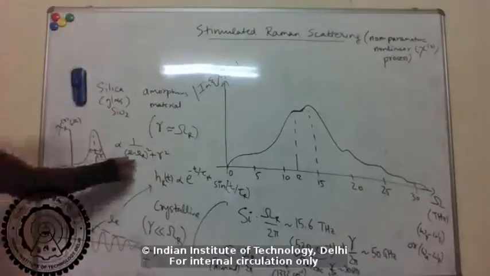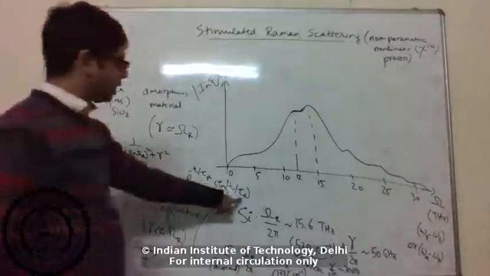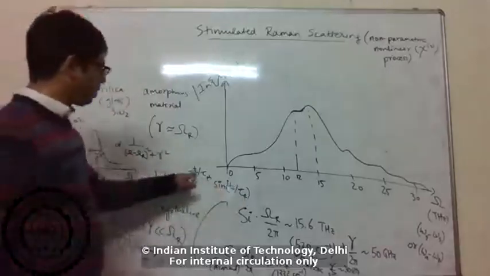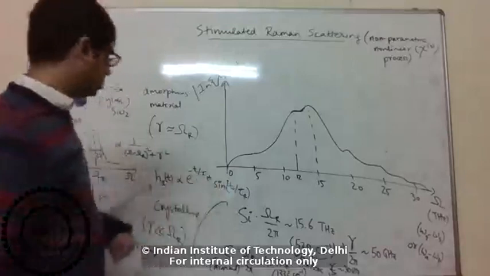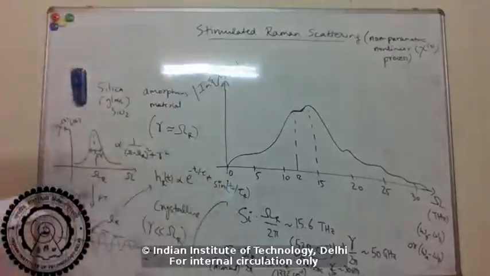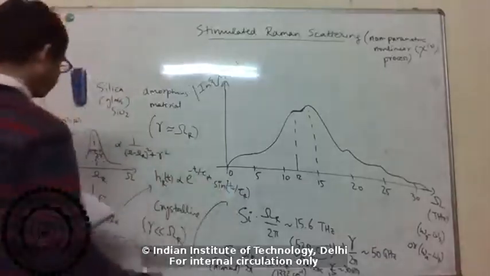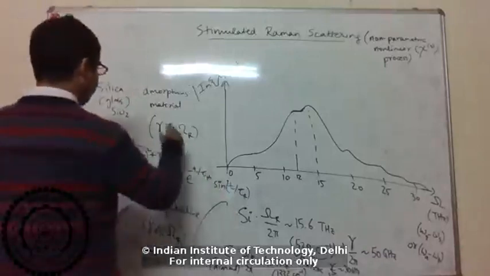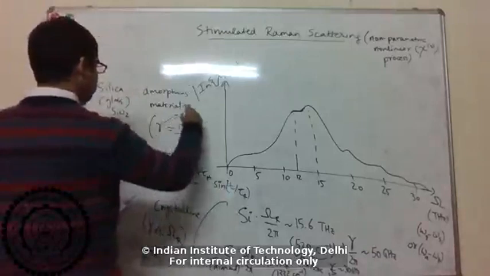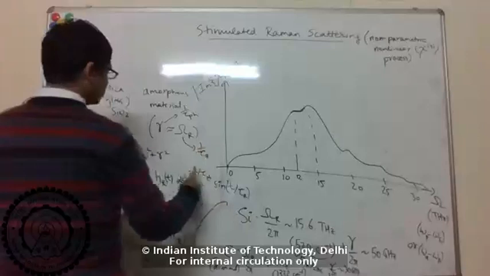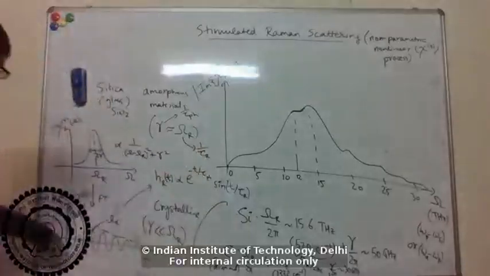So omega r is basically 1 over tau r, and gamma is 1 over tau phonon, which is the phonon lifetime. This is 1 over the Raman oscillation time period.